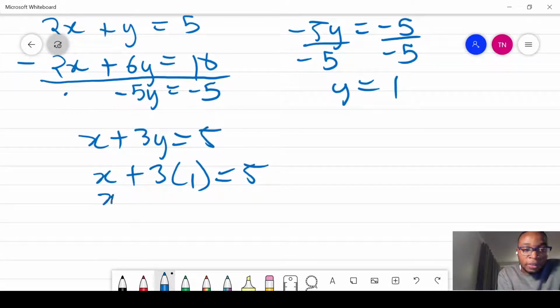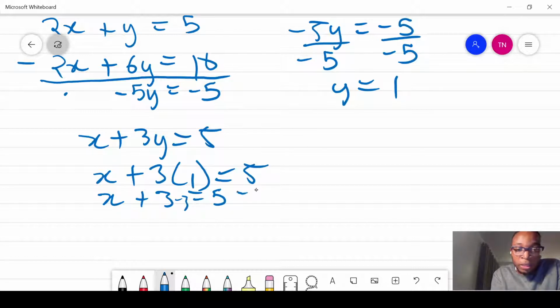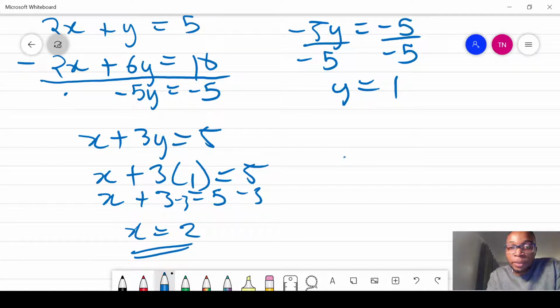Then this becomes x plus 3 is equals to 5. Then we subtract 3 here and subtract 3 here, then x is equals to 2. So your answer becomes x equals to 2, then y equals to 1.